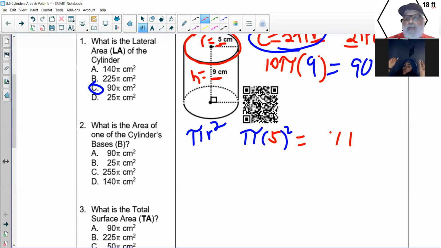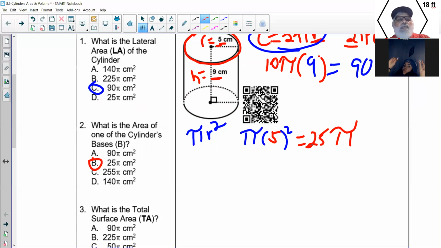Again, pi is part of the answer. 25 pi. Correct. So we just go right there.